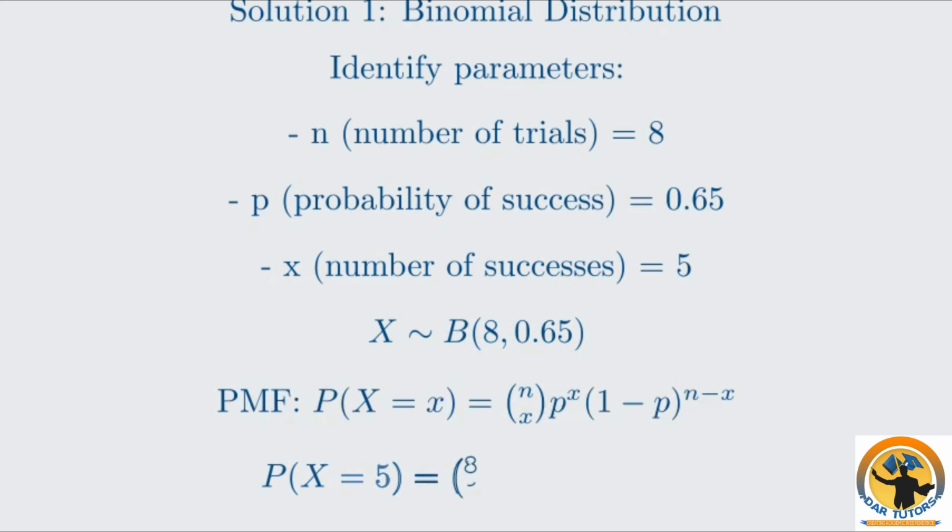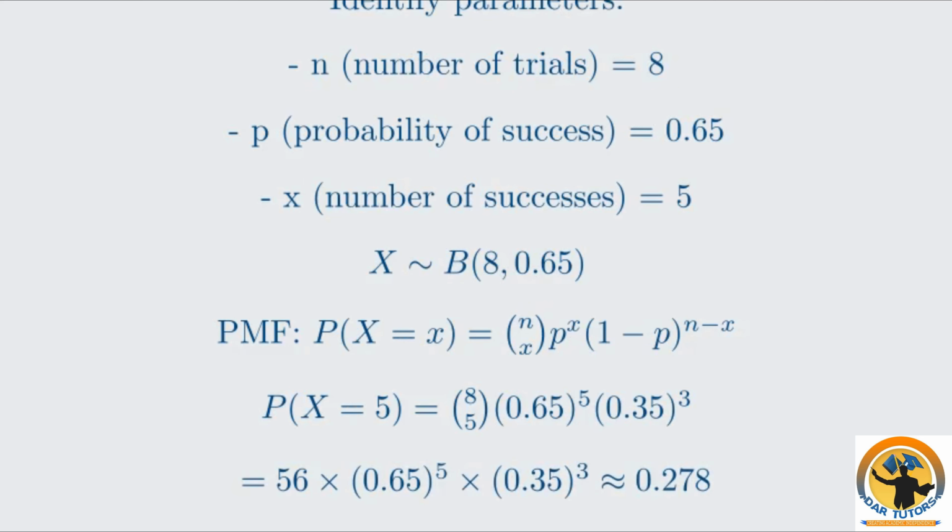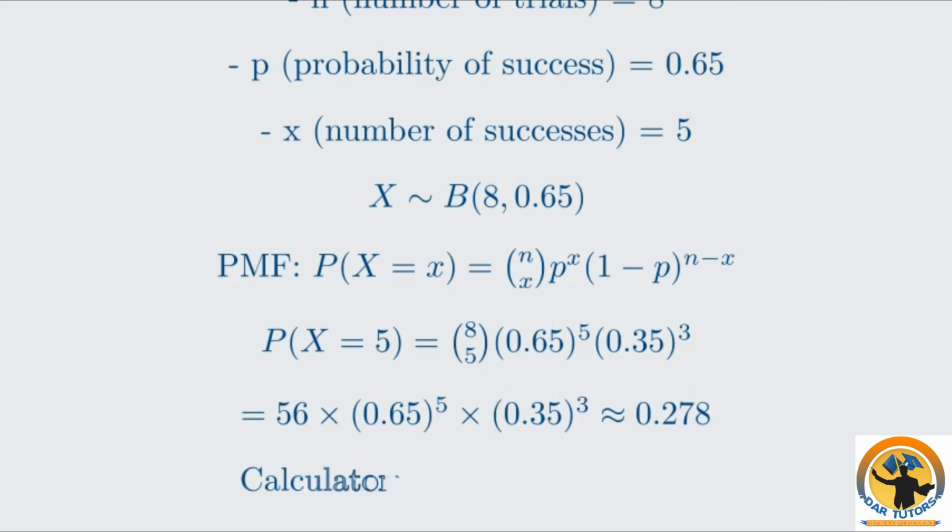Using the PMF formula, we substitute the values to get 8 choose 5 times 0.65 to the power of 5 times 0.35 to the power of 3. This gives us approximately 0.278. Using your calculator's binomial PDF function would be faster. You would input binomPDF(8, 0.65, 5) and get the same result.